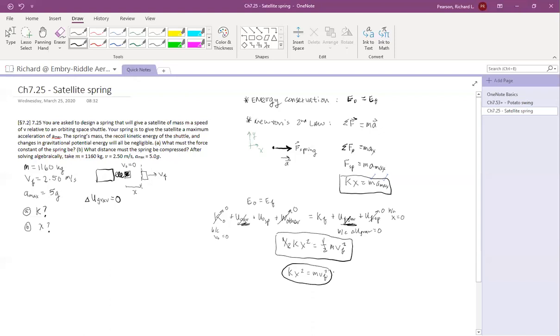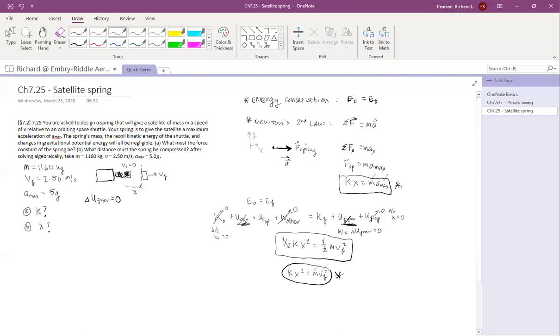So now we have two equations. I guess we'll go through and do a check like we did before. We're given the mass, we're given the velocity. So again, the only things we don't know are k and x.